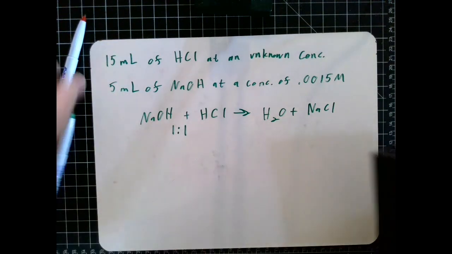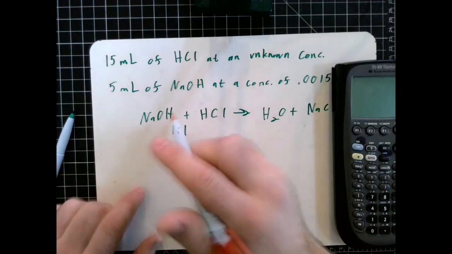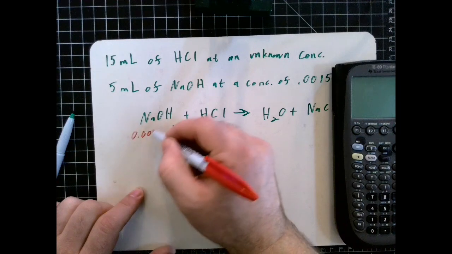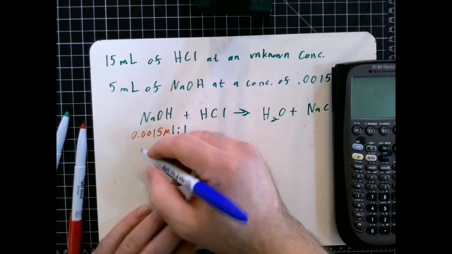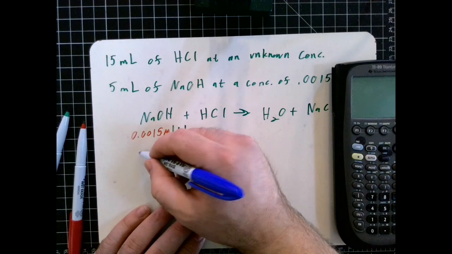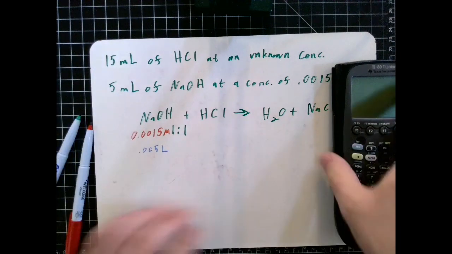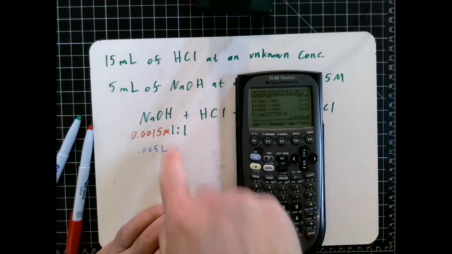So first, how many moles of NaOH do we have? We've got a concentration of 0.0015 molar, and a volume, which we're going to put right into liters, of 0.005 liters. Remember, to figure out the moles, it's molarity times volume.